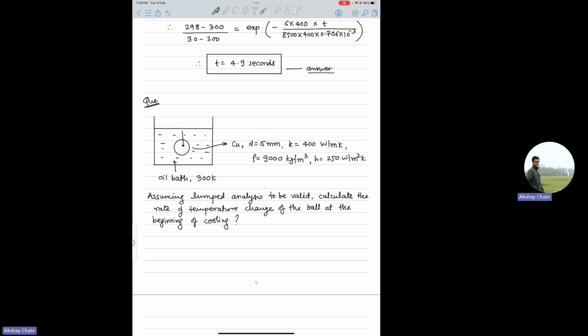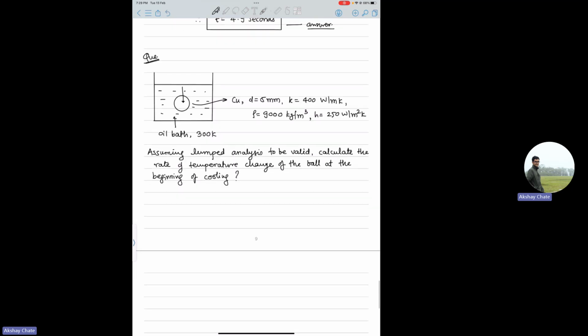So as soon as it is dropped, they want to know the rate of change of temperature of the ball. Since the lumped analysis is valid, there is no need to calculate the Biot number. But even if you do, it should be fairly less than 1.